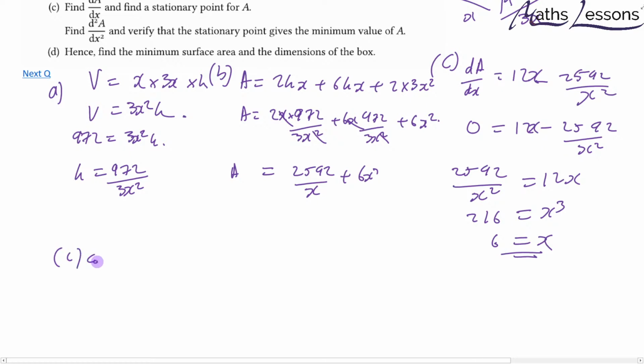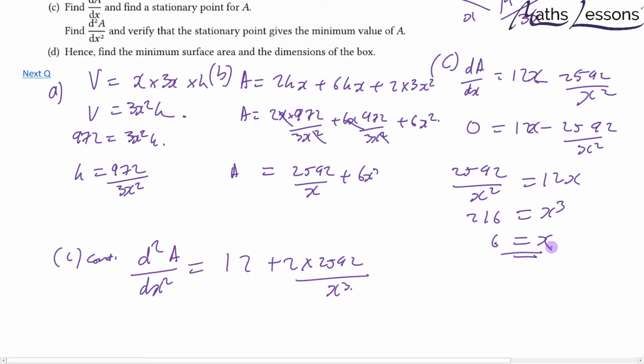So C continued. So we want to find the second derivative of this, and that's just going to be equal to 12 plus 2 lots of that, 2 times 2592 all over x cubed.